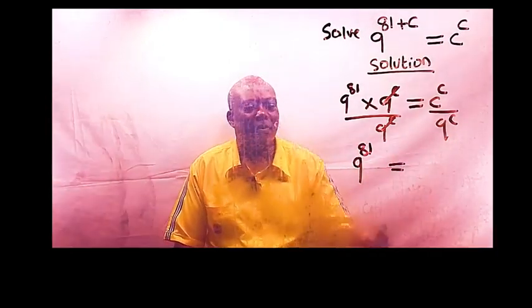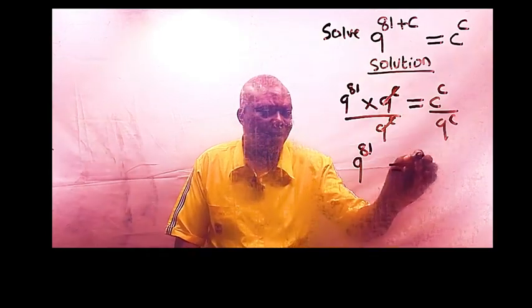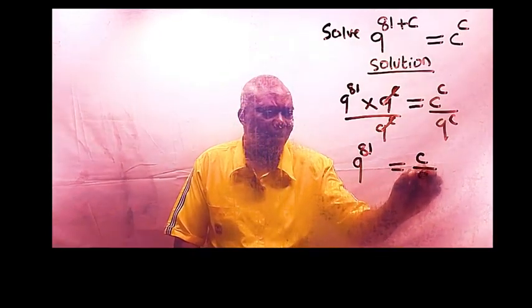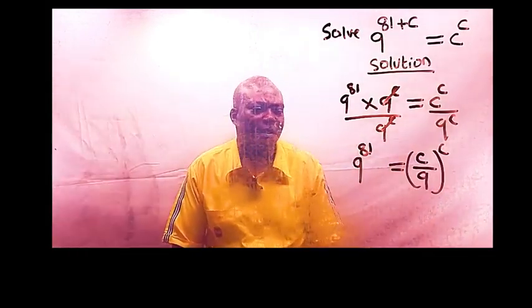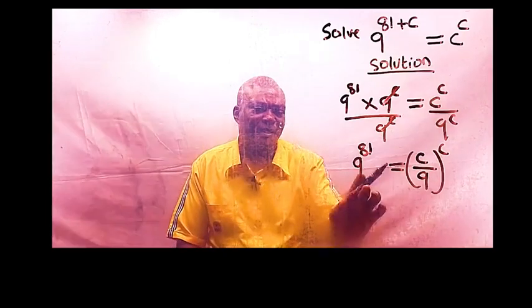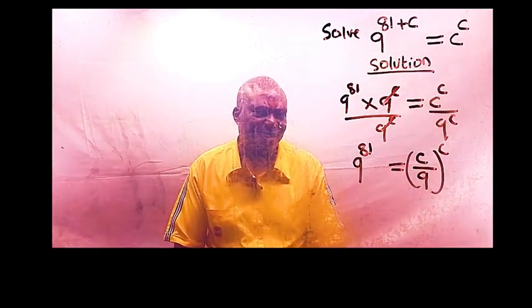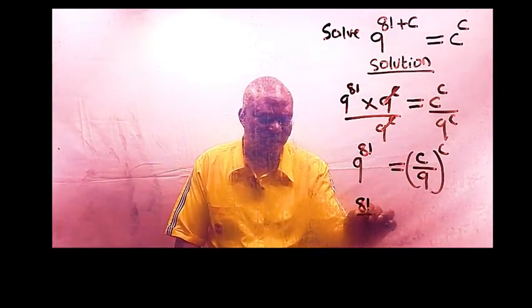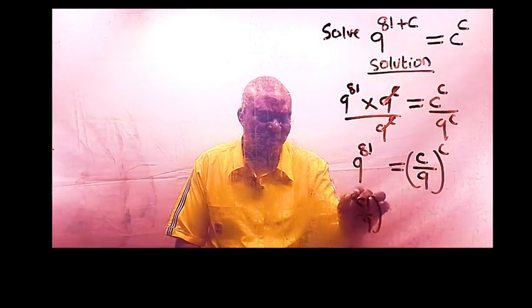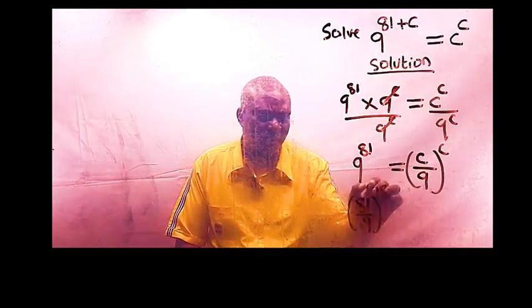they have a common power. So you can write it as c over 9 all to the power of c. Look at the base here. The base is 9. You can write it as 81 over 9 all to the power of 81.